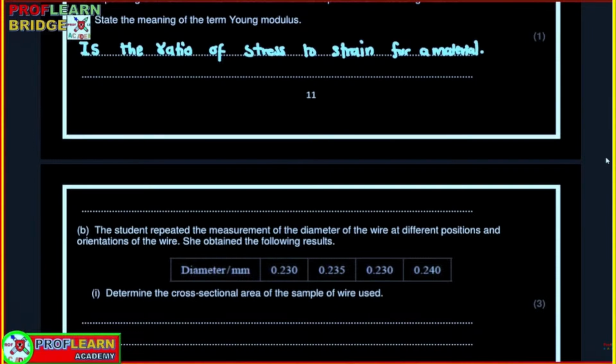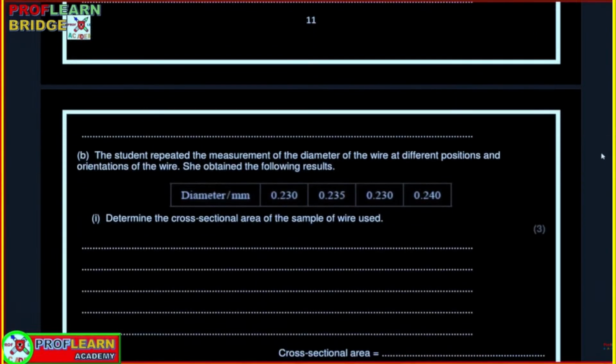Determine the cross-section area of the sample, and we are given different diameters of that sample at different sections. So for accuracy, first we need to work out the mean of the diameters, and then we use the mean diameter obtained, divide by 2 to get the radius.